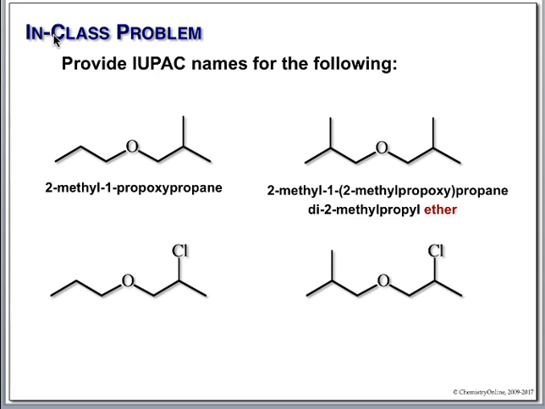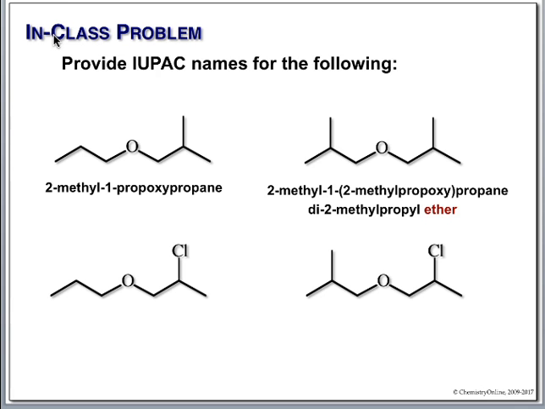Any questions? On the exam, you're probably not going to see much in the way of ether nomenclature unless it's fairly simple. Here we have 3 carbons and 3 carbons. You have to choose a parent here, and IUPAC tells us that you want to choose the most complex chain.